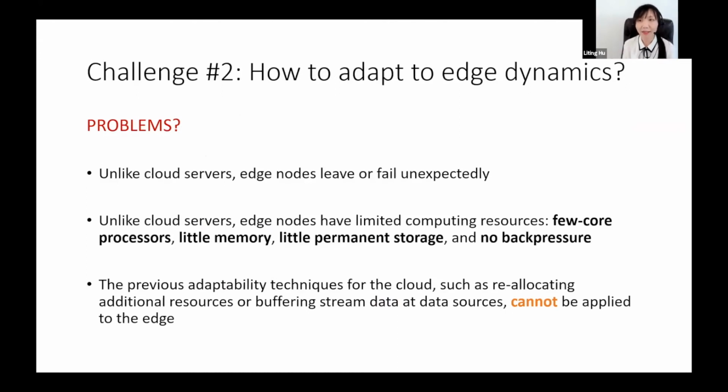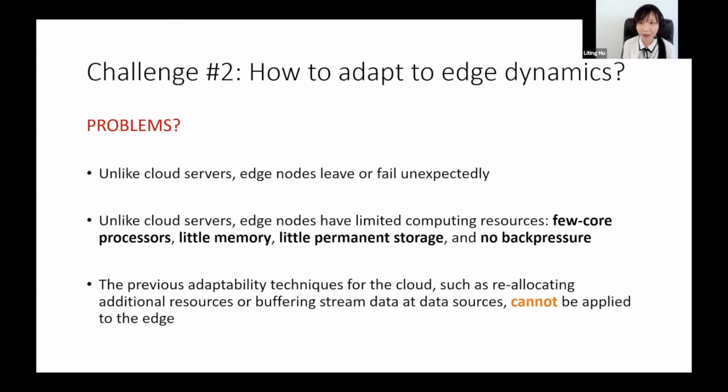And we have the second challenge. The second challenge is how to adapt to the edge dynamics. IoT stream applications run in a highly dynamic environment. Unlike cloud servers, edge nodes join or fail more frequently and unexpectedly.